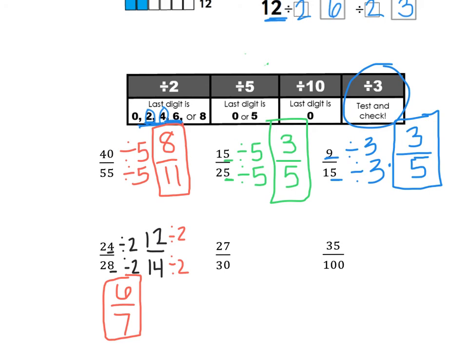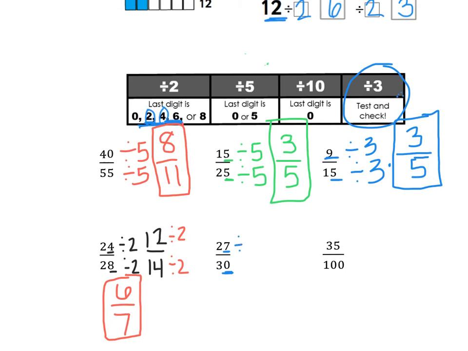Okay, 27 over 30. Let's see. We have a number that ends in a 7 and a 0. So 30 is divisible by 2, 5, and 10, but 7's not divisible by any of them. So I have to remember, whatever I do to the top, I have to also do to the bottom. So I guess let's try the check for 3.